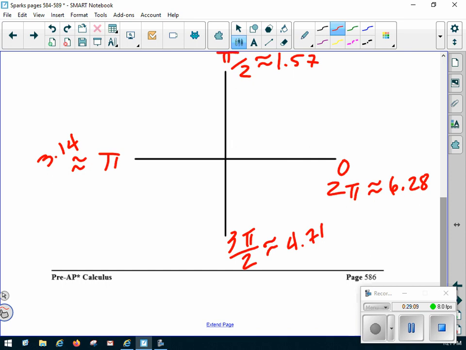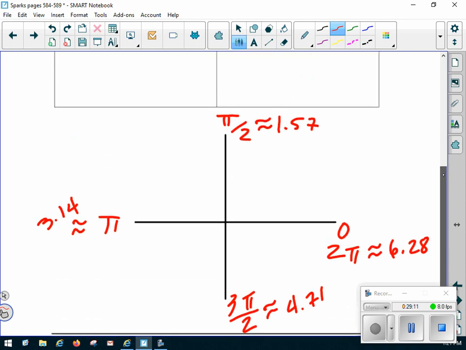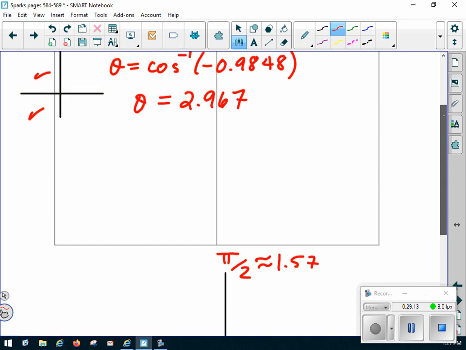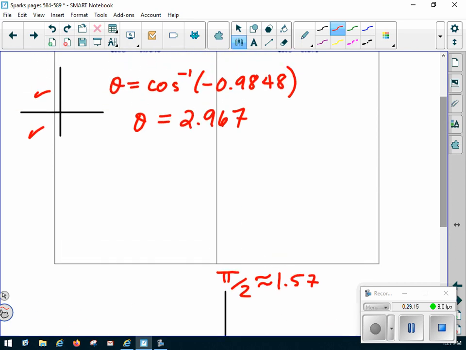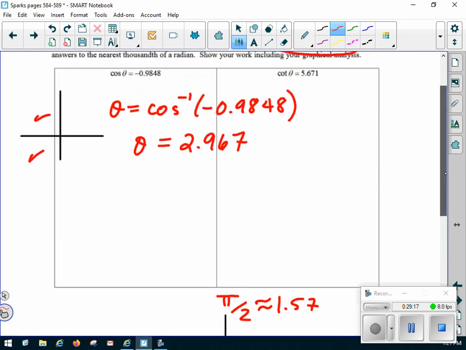You with me? All right, let's go back up and finish up. There is no way for your calculator to give you an answer in terms of pi. Yes, but don't do that. Is this an angle that we were looking for? Is it in the proper quadrant? Yes. How do we find the angle in quadrant 3?